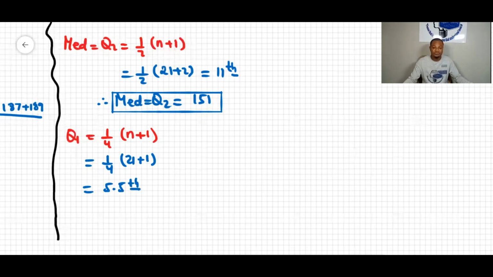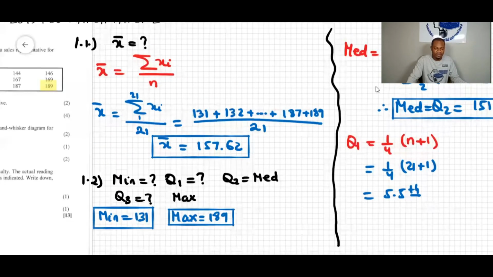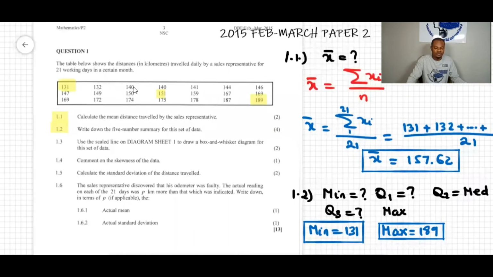So which is in between the 5th and the 6th position. So I'm going to count 1, 2, 3, 4, 5, and that's 6. So it's in between these two, between 141 and 144.